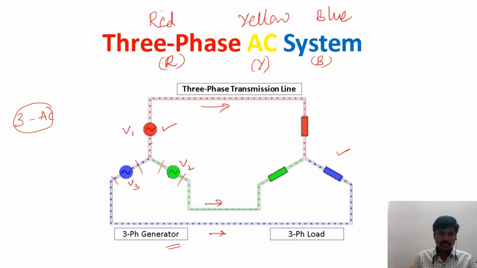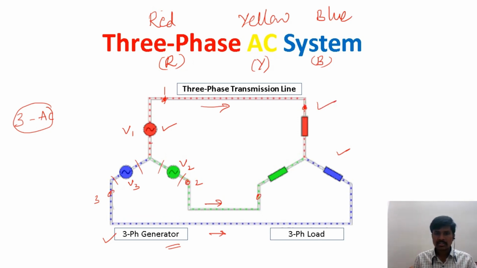By using three single phase systems we are having three terminals. That means this three-phase generator is having three terminal outputs. From this we are going to connect a three-phase load, which also has three terminals, 1, 2 and 3.